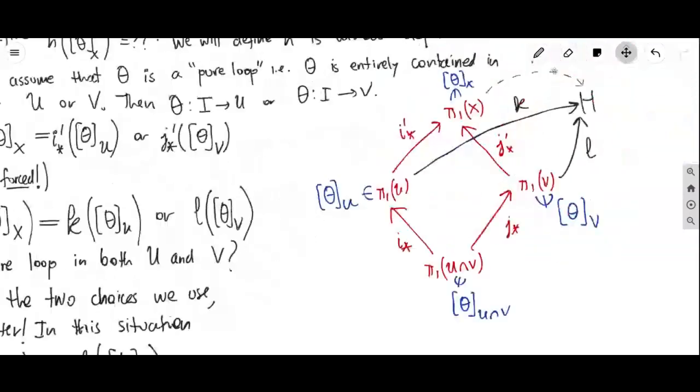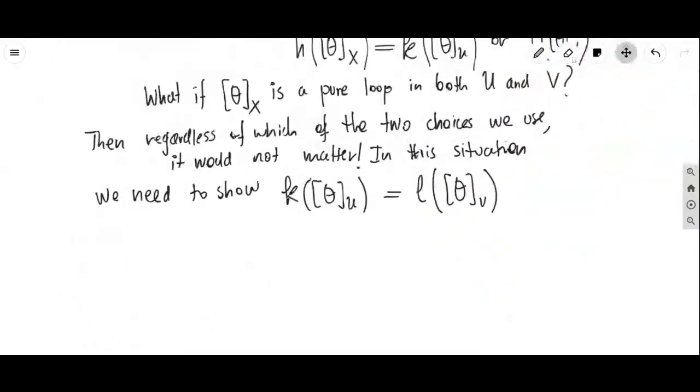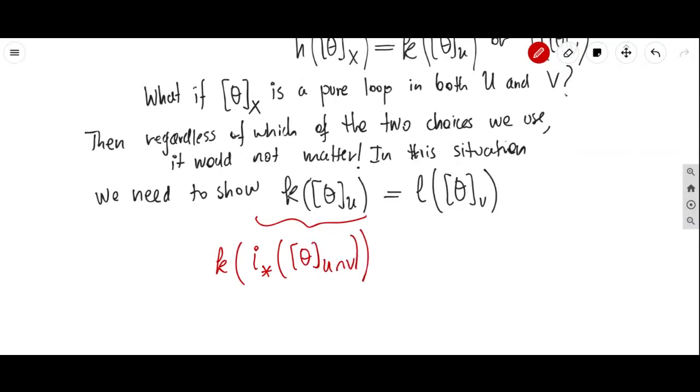If you want to go along K, right, if you want to apply K to this one, that's the same thing as first going by I star and then going by K. So this would be K of I star of theta of U intersect V. And this one would be L of J star of theta of U intersect V, right?